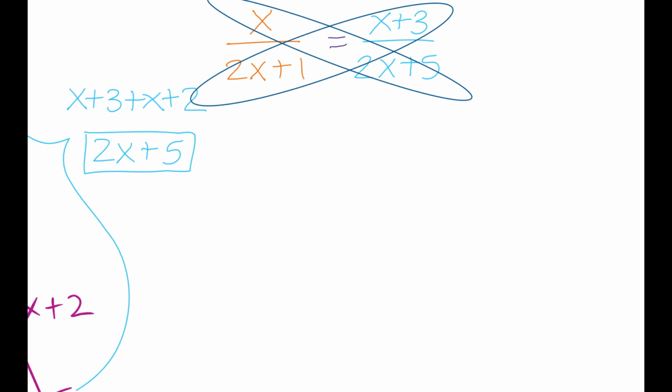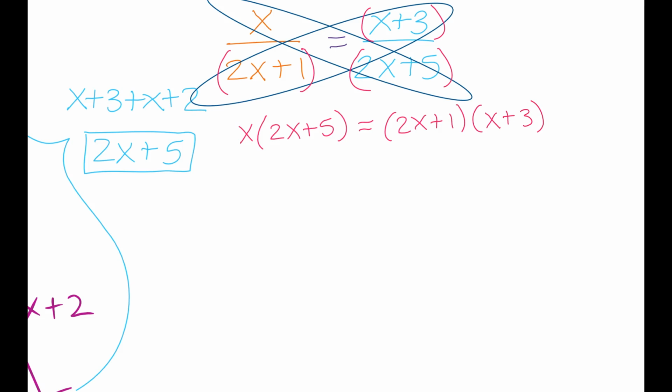What do we have to do? Put the two terms in parentheses. So, I have X times 2X plus 5 set equal to 2X plus 1 times X plus 3.